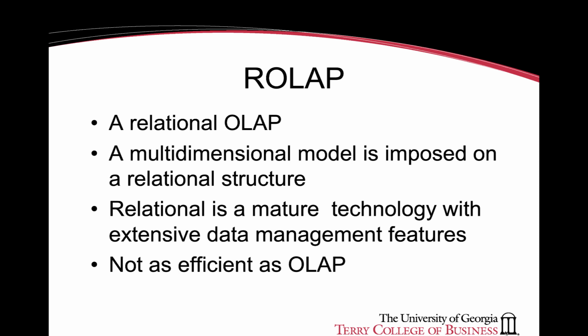Now, in the recent past, there has been a move to ROLAP, or relational OLAP. With a ROLAP system, a multidimensional model is superimposed on a relational structure. Since relational databases are a mature technology, relational database technologies form the foundation of ROLAP systems, on top of which OLAP is superimposed. Obviously, because this involves a combination of both relational systems and OLAP systems, it's not as efficient as a pure OLAP system.